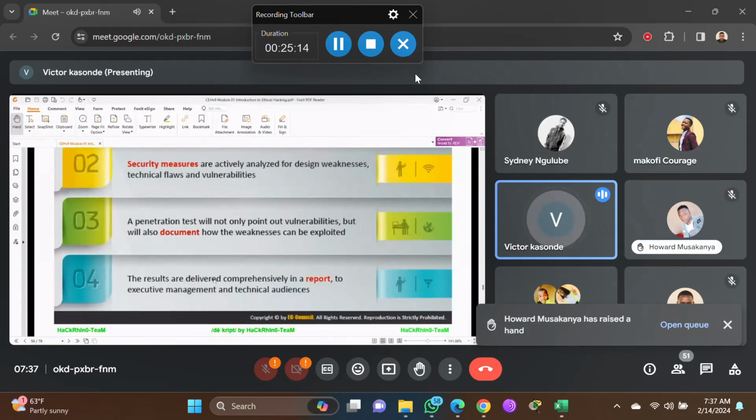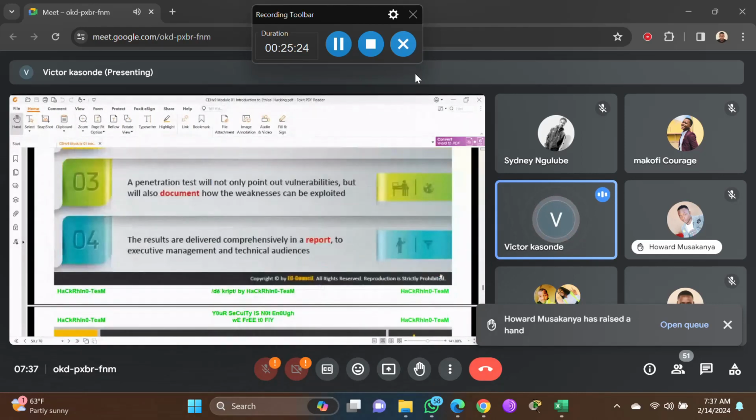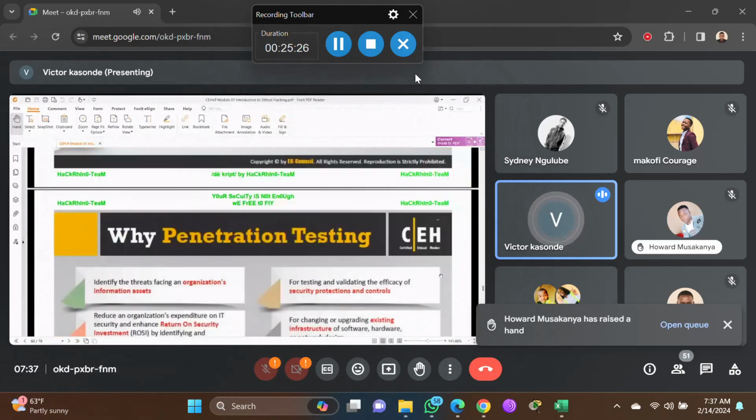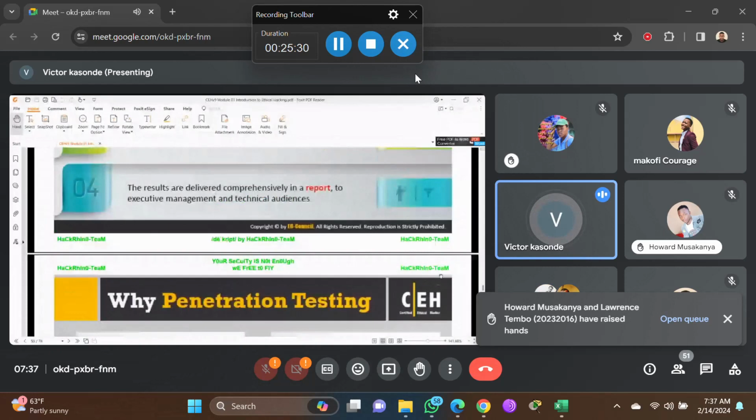So the results are delivered comprehensively in a report to executive management and technical audience. So you keep that. Why penetration testing? Why do we do penetration testing? I'm asking you guys.